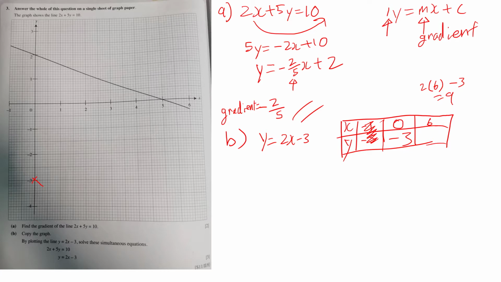Do I have 9? No, it's only until 3. So let's have a change of plan. Let's not use 6. I would just use 0, 1, and let's say 2 or 3. It's up to you. Maybe I will use 2.